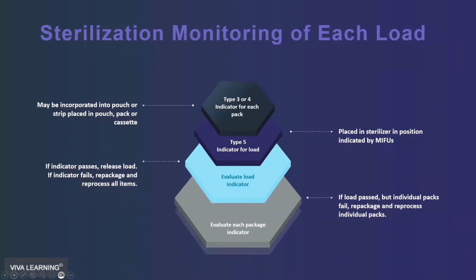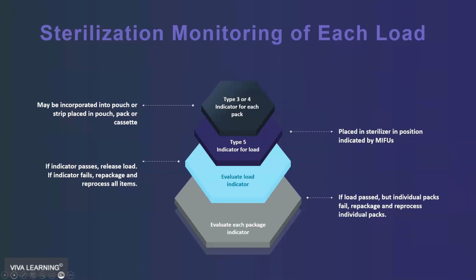So here's the protocol. Here's the scenario for monitoring each load. So you're going to use a type 3 or 4 indicator for each pack, either incorporated into the pouch or a strip you place in a pouch, pack, or a cassette. That's number one.